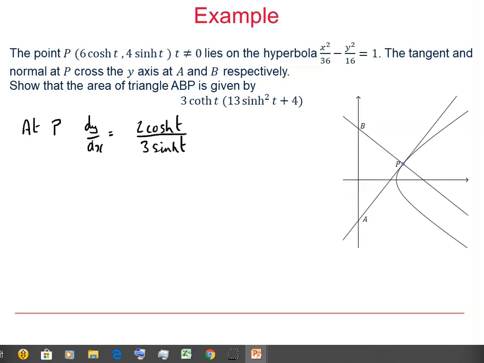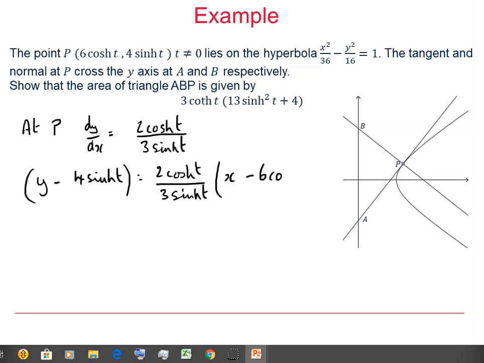So we've got the gradient at P, and therefore we can work out the equation of the tangent by saying it's y minus y1, so that's y minus 4 sin t, is equal to the gradient, 2 cos t divided by 3 sin t, multiplied by x minus x1, so x minus 6 cos t.